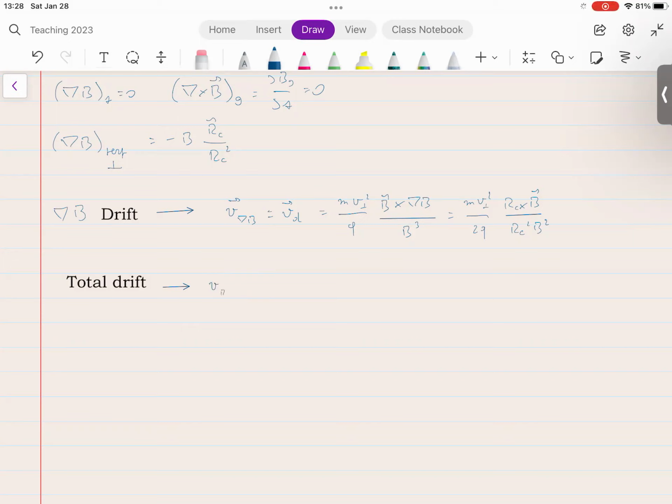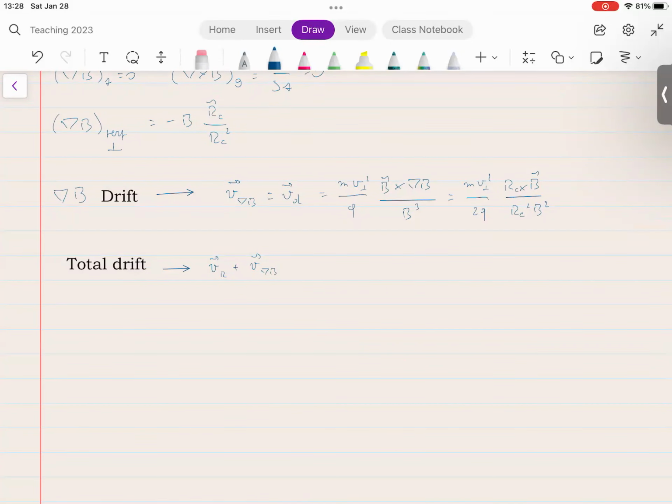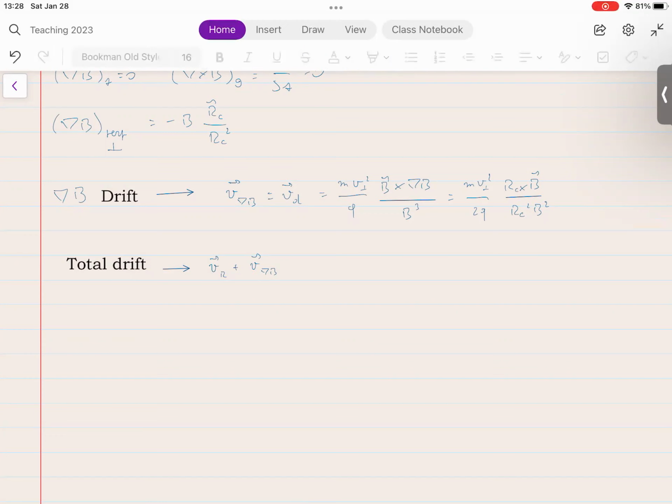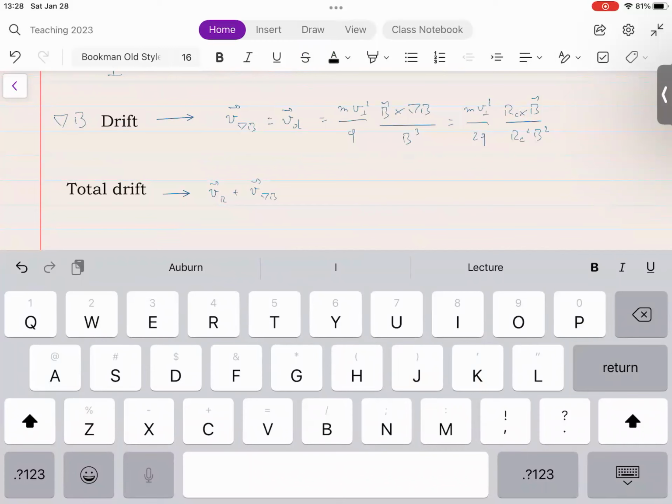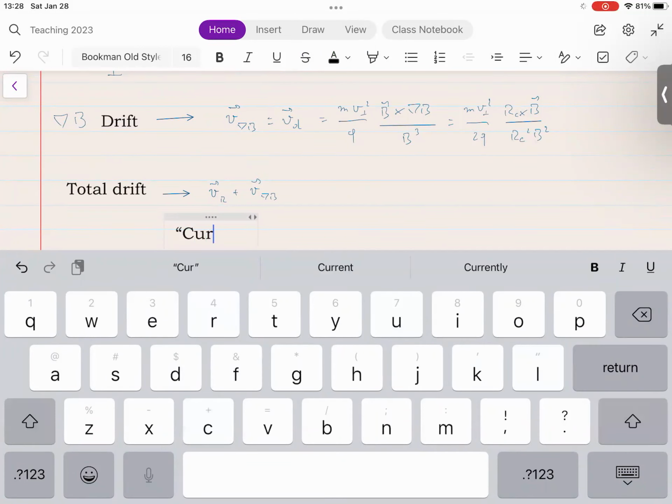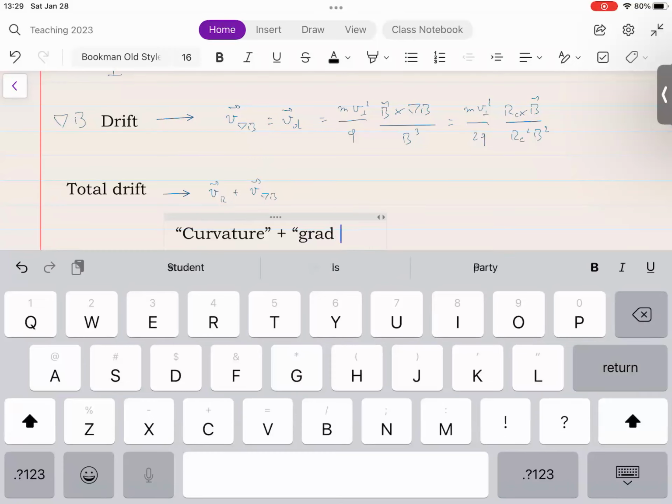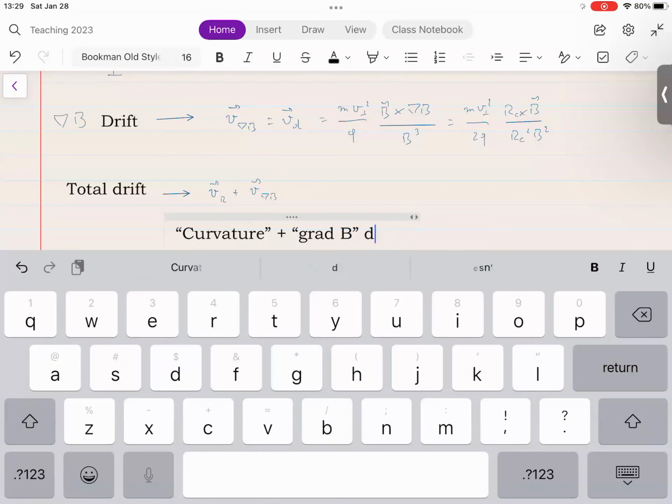So let's make it V sub R, the curvature drift, plus V grad B, the grad B drift.